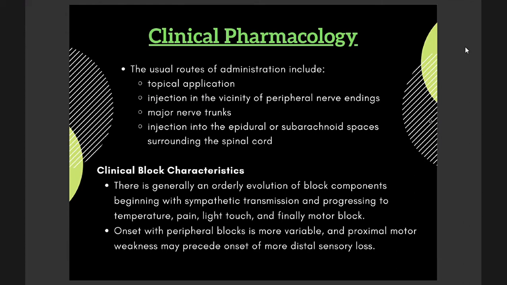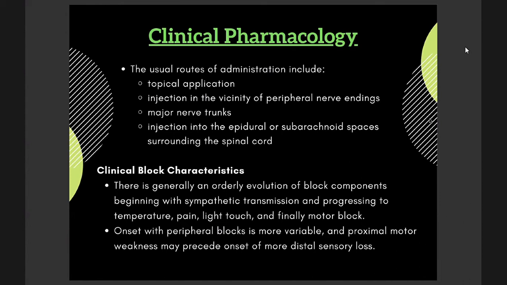So you have clinical block characteristics of your local anesthetic. There is generally an orderly evolution of block components, beginning with sympathetic transmission and progressing to temperature, pain, light touch, and finally motor block. This is known as differential block brought about by your local anesthetic. Differential blockade describes the blockade of components of a peripheral nerve that proceeds at different rates.